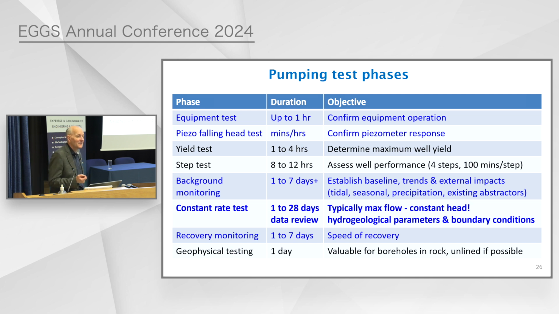Good idea to know what happens if it accidentally goes off. And the geophysical testing, that's just horses for courses. Definitely worth doing when you've got an unlined borehole in rock. Other situations may not be useful.